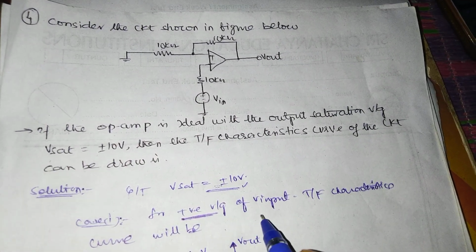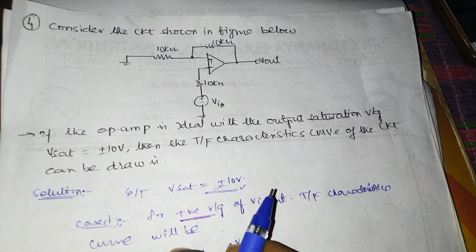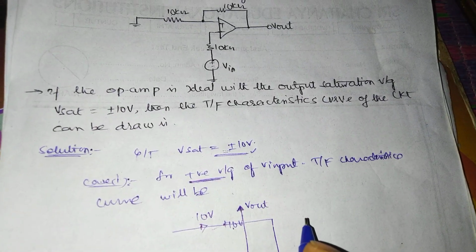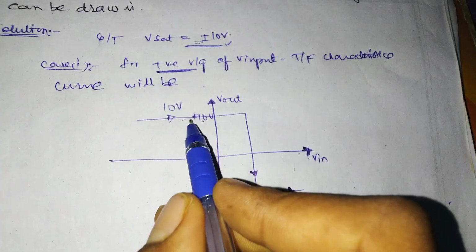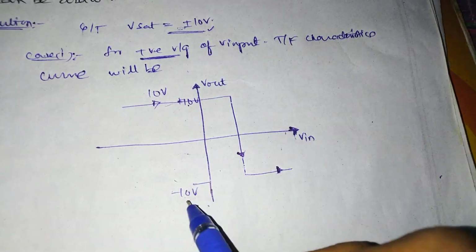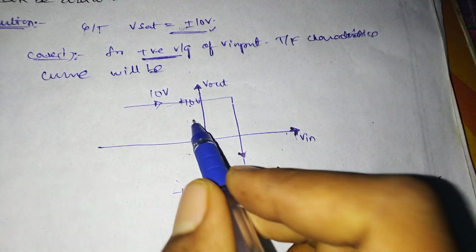for a positive input voltage, the transfer curve will be like this. This is the input, then the output: plus 10 volts, minus 10 volts, that is plus or minus V saturation.